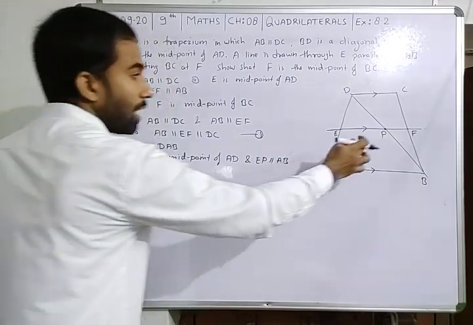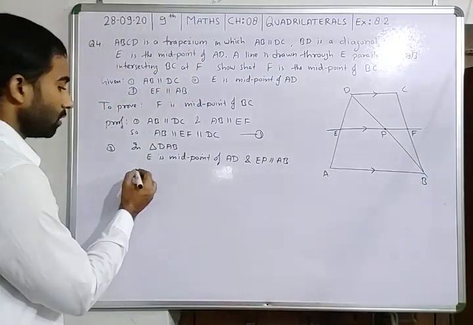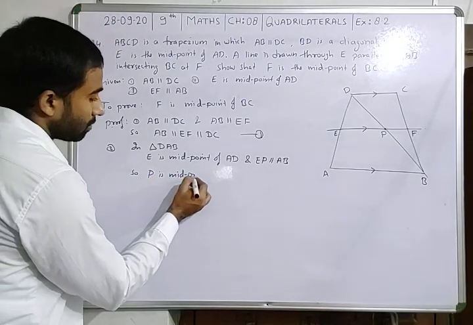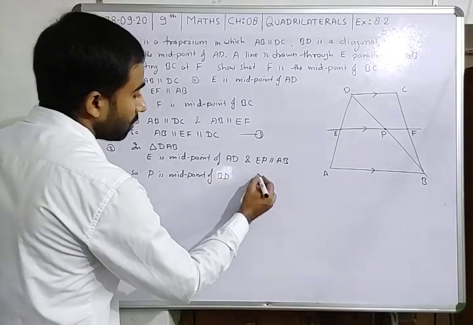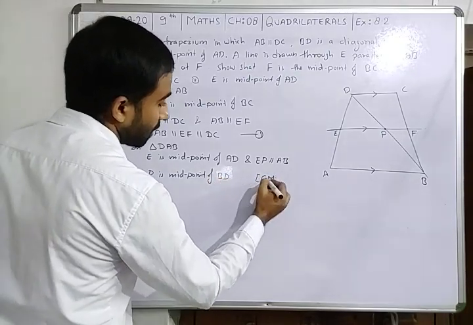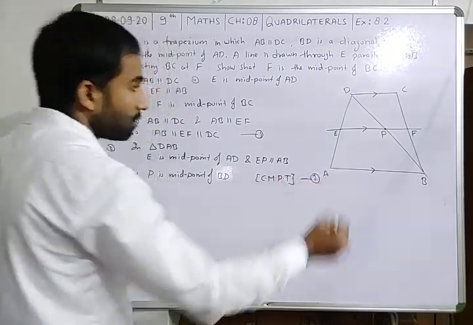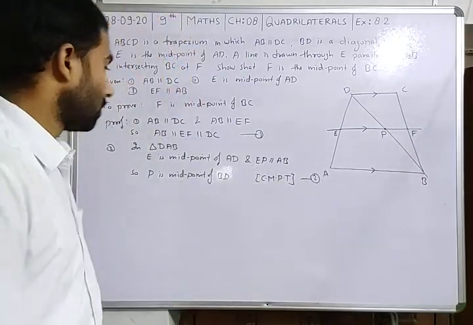So here by CMPT, the converse of the midpoint theorem, we can write P is the midpoint of BD. Say equation 2.